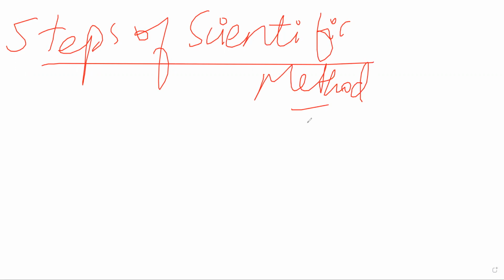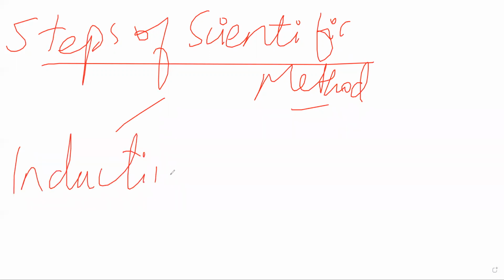Okay? You are trying to structure your questions through scientific method. Now, scientific method itself, the way you think for research, will fall under two categories. You have inductive kind of reasoning and deductive reasoning.